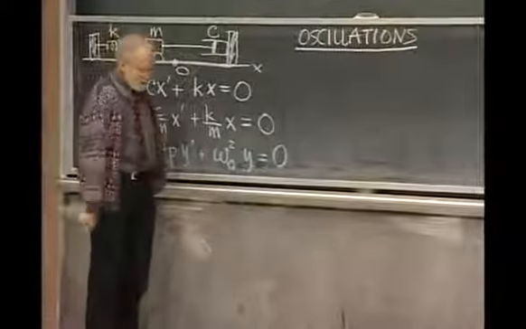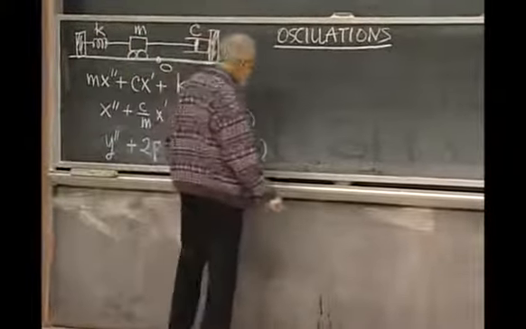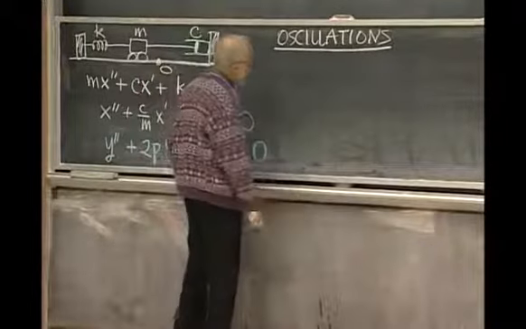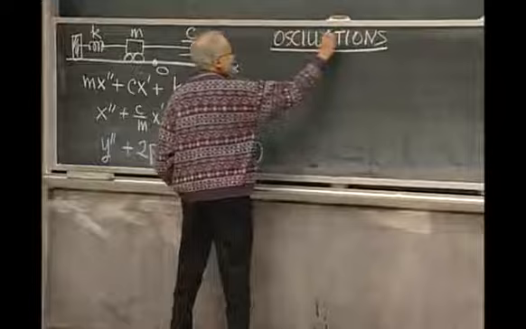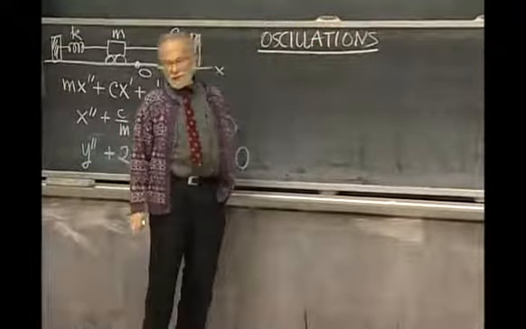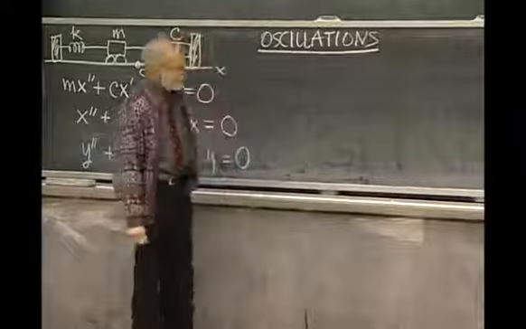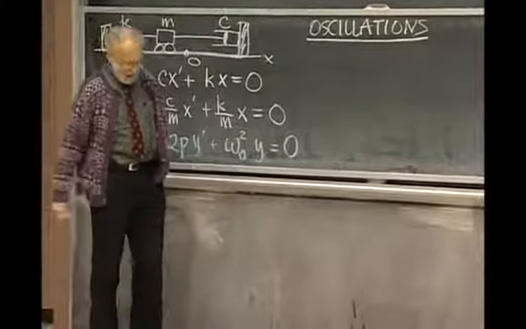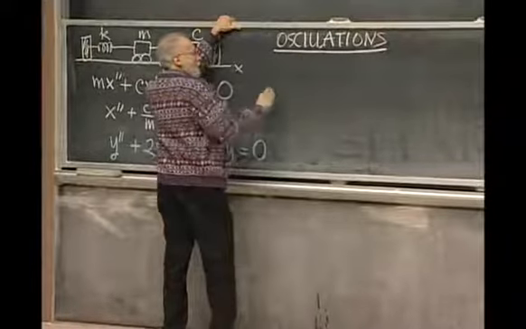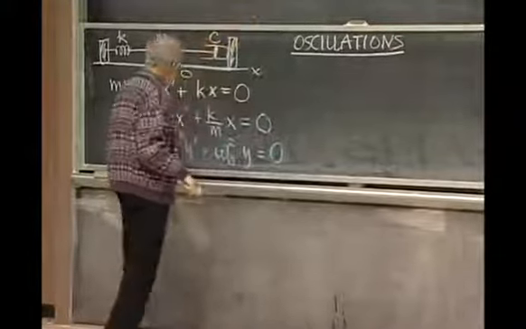I could go on for 5 minutes listing things that oscillate, like going to sleep and waking up and going to sleep and waking up. Okay, so that means we're going to get complex roots.